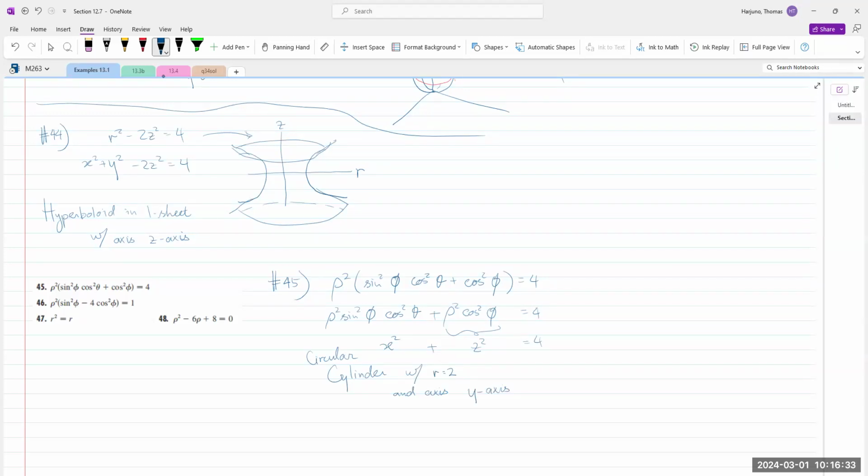If you think about it, if this is x and this is z, here is a circle with radius 2 centered at the origin, but extend this in the y direction.